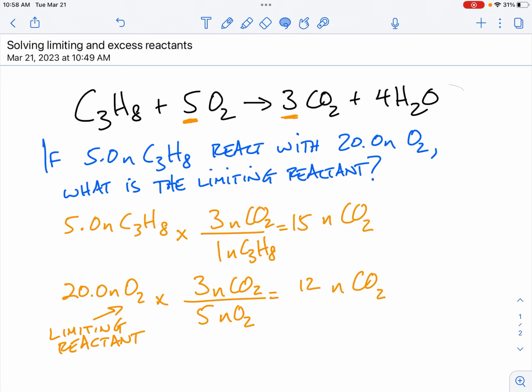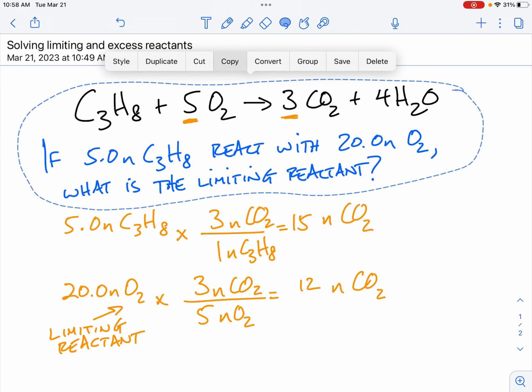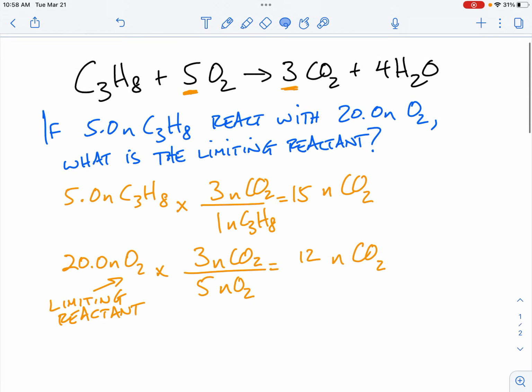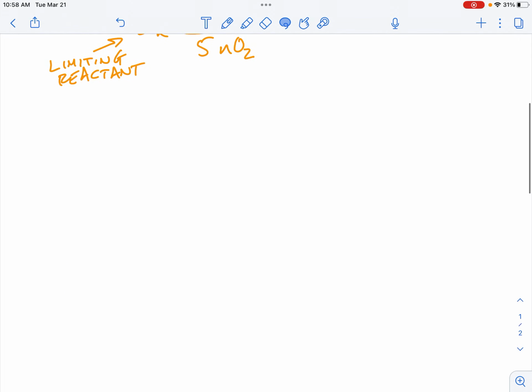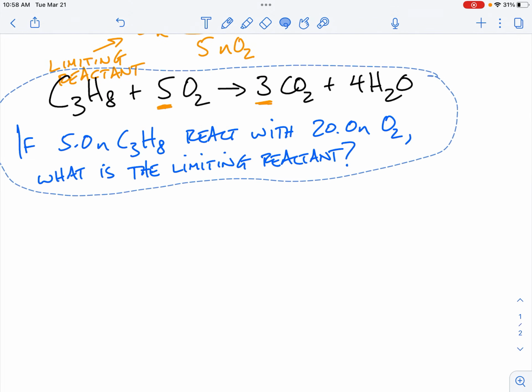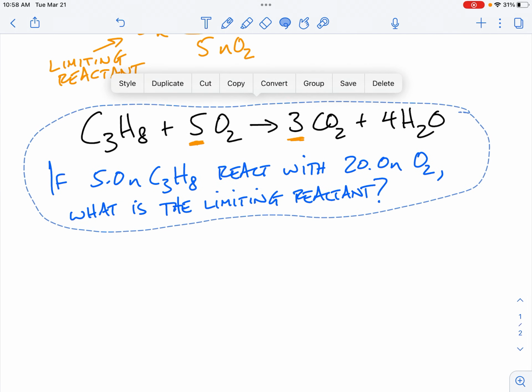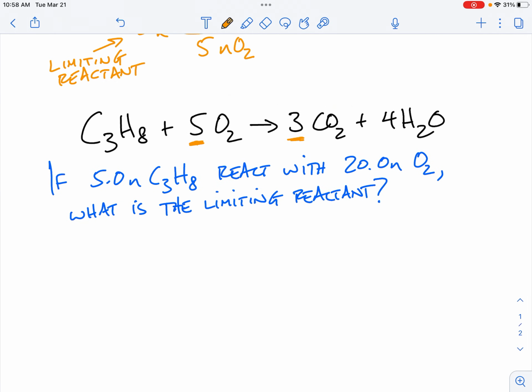All right? So I'm going to just copy this and scroll down here, and we'll do the same thing for solving for water here. Okay? So if we have, again, 5 moles of C3H8, we're going to solve for moles of water.